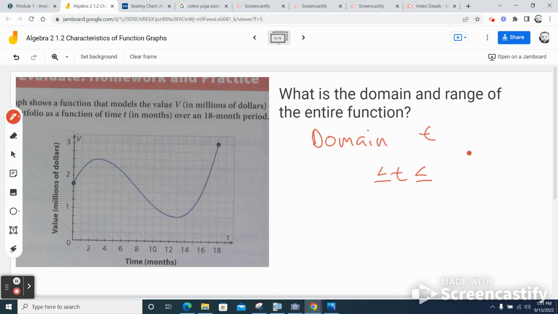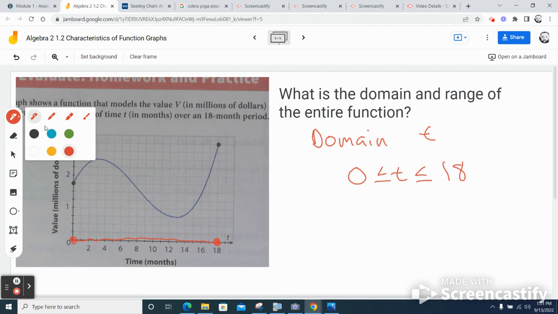We need to know the absolute lowest value for t. So we look at the t-axis, right? We're going to look at this axis right here. It looks like the greatest value is 18 and the lowest value is 0.